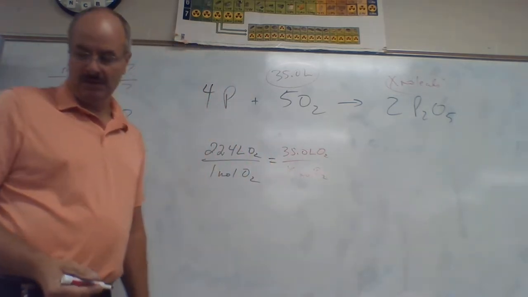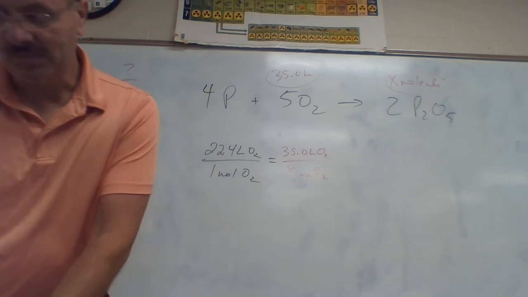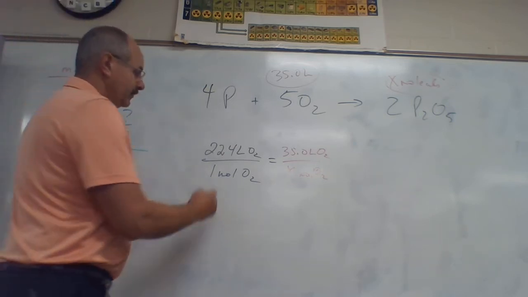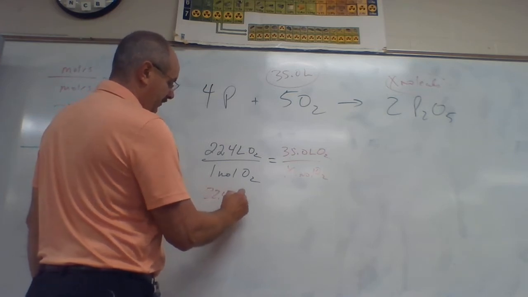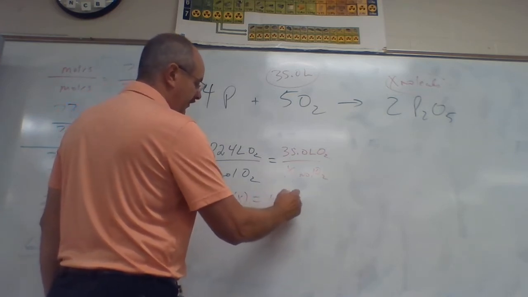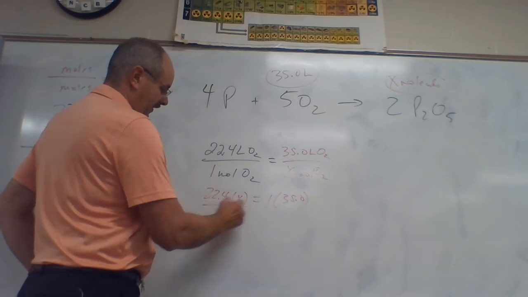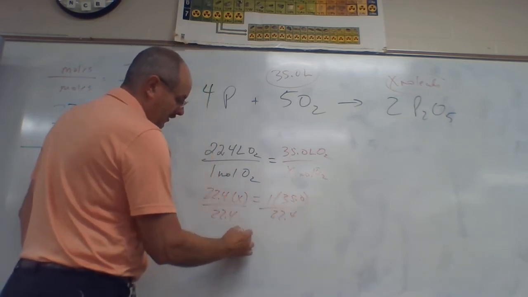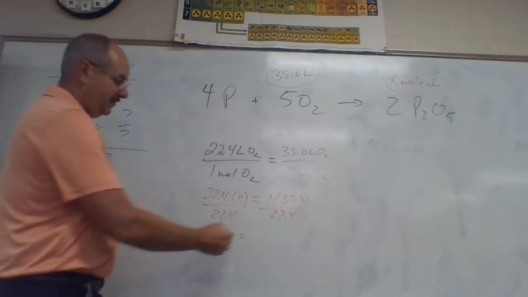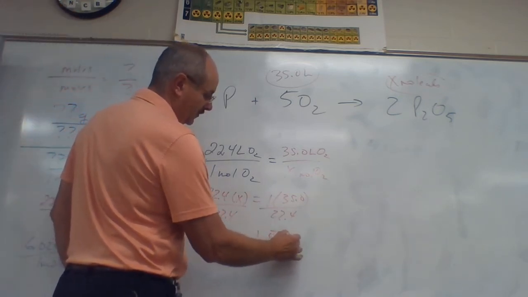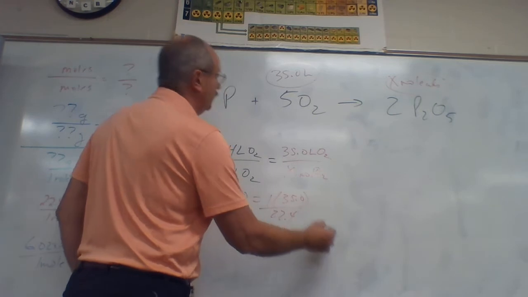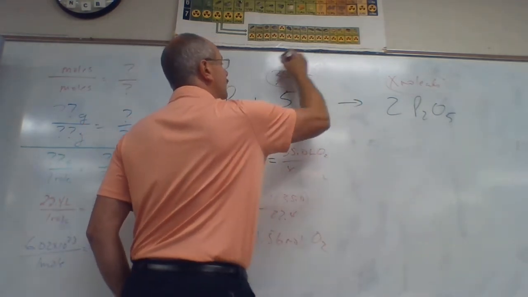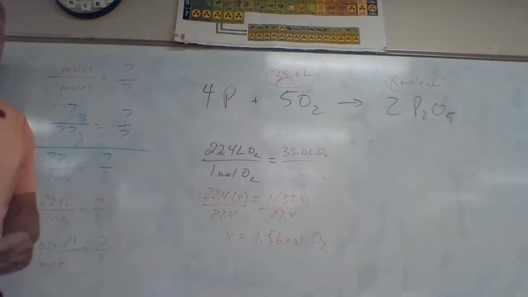So we're going to cross multiply and solve that. 22.4 times X equals 1 times 35.0. Get X by itself, and X ends up equaling 1.56, and that is moles of O2. So we don't need the 35 anymore.